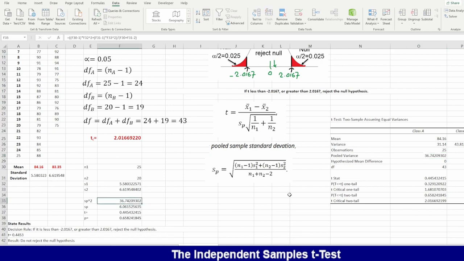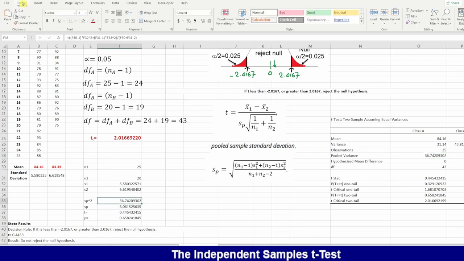It's the same answer here. You can see I have the same answer here and the same here. Okay, and also the degrees of freedom, 43. This is 43 here. And the t-statistic, this is the t-stat, 0.4454, which is similar to what I got here.